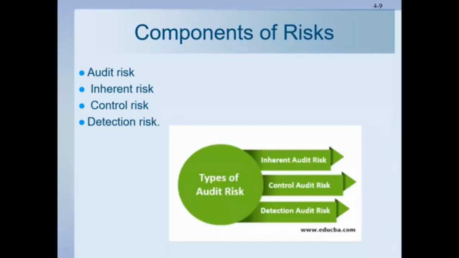Okay, components of risk. Now, auditors consider 4 components of risk: audit risk, inherent risk, control risk, and detection risk. Audit risk is the risk that financial statements are materially incorrect, even though the audit opinion states that the financial reports are free of any material misstatements.